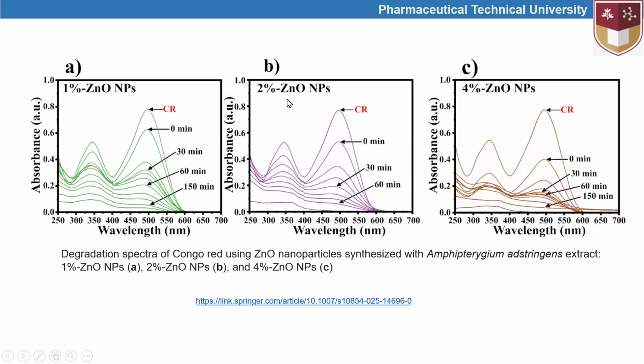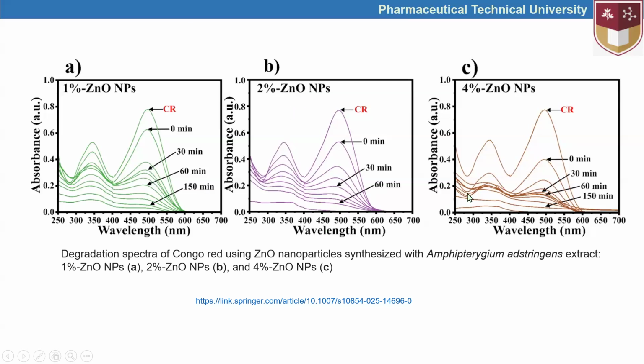And when the concentration of zinc oxide is 2%, we can see faster degradation of Congo red, as shown here. The degradation that took 2.5 hours with 1% zinc oxide nanoparticles was shown within 60 minutes with the 2% solution.